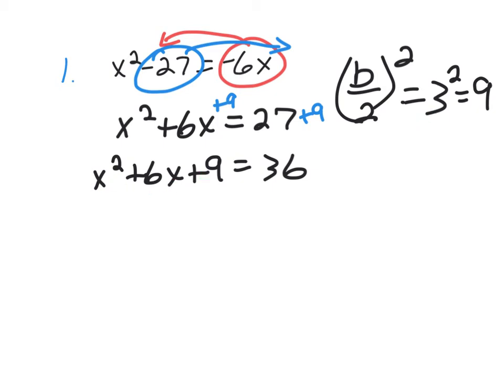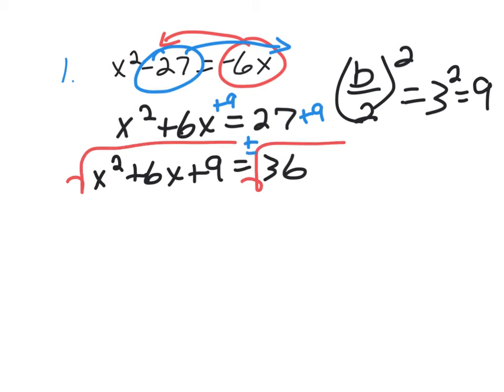So when we factor that, it's x plus 3 times x plus 3. But if you take the square root of that, it's just x plus 3. So the shortcut way is just to realize that you can take the square root of this side and the square root of this side, but remember, we have to take the positive or negative square root of this.